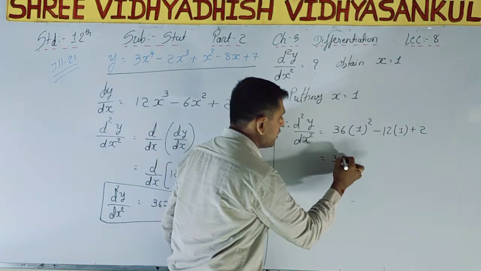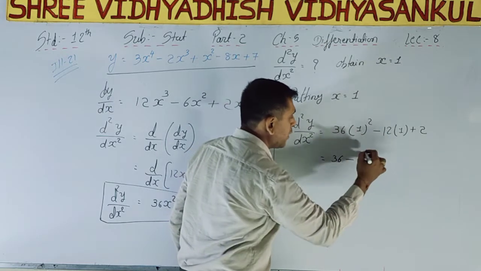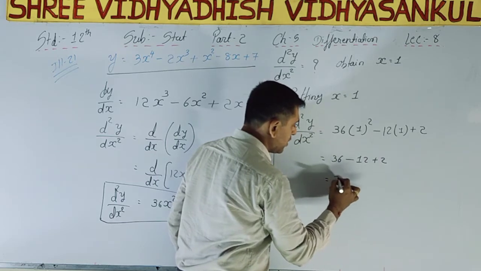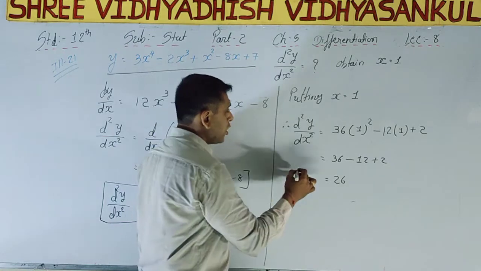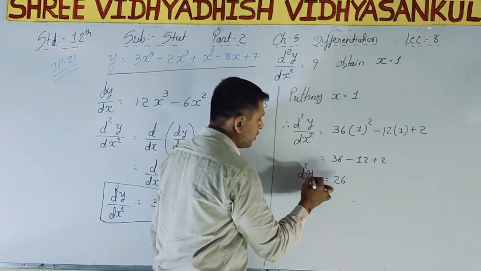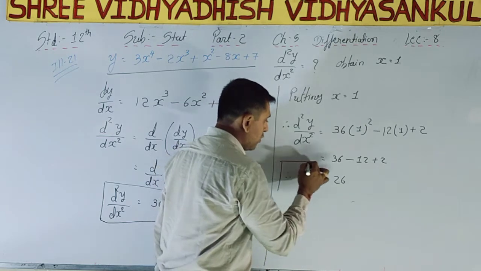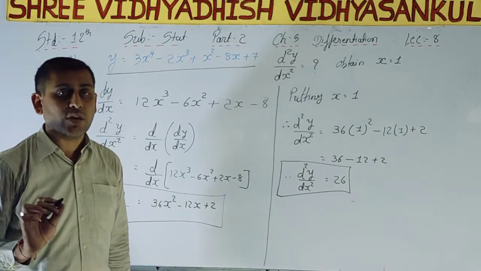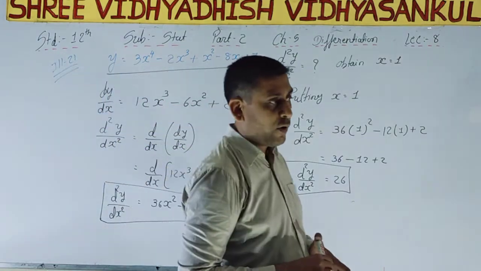As it is 1 square, that is 1, and 1 into 36 is 36. 12 ones are 12, so 12 plus 2. So here the answer is 26. So your value of d square y by dx square for x is equal to 1 is 26. Okay, so here your illustration number 21 is complete.